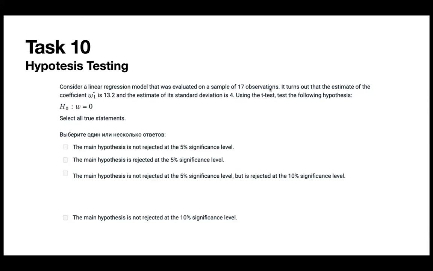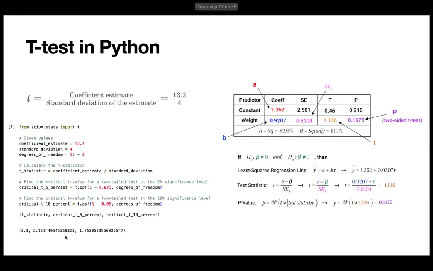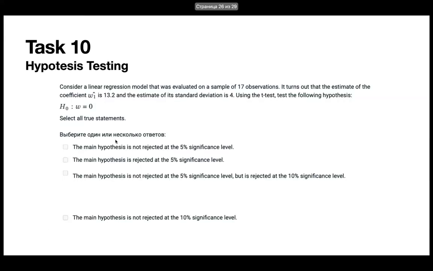Yes, so as we have calculated here, these 2% is less than 5%. So we can just reject our null hypothesis. Yes, so the answer here is the main hypothesis is rejected at the 5% significance level.